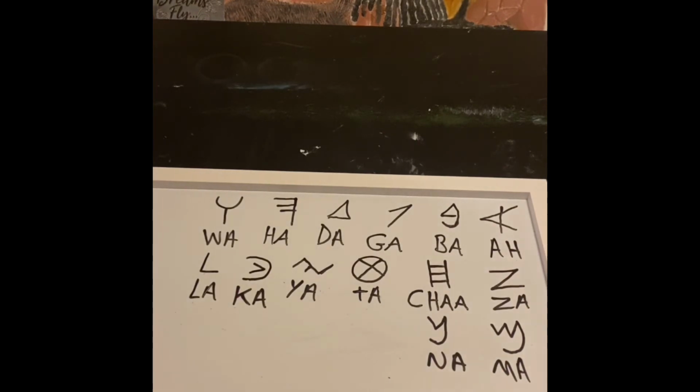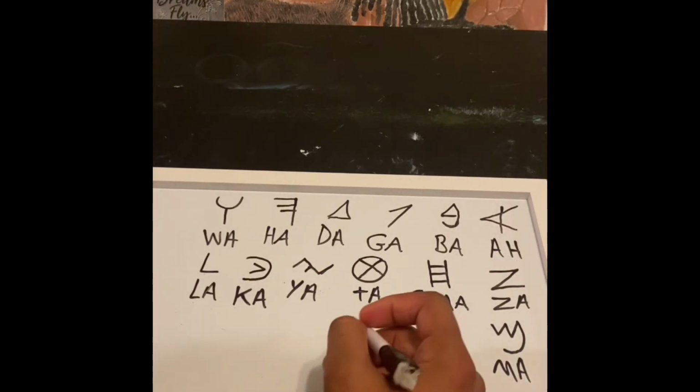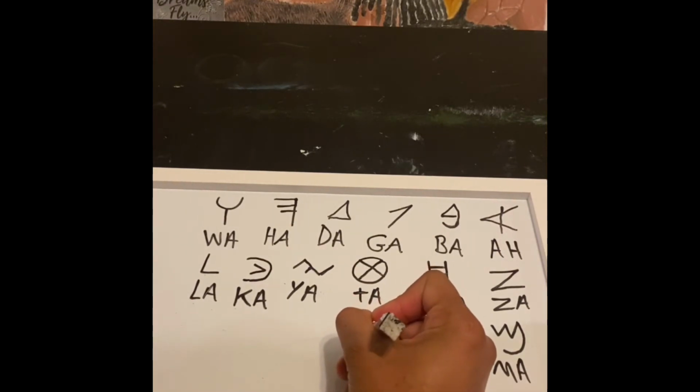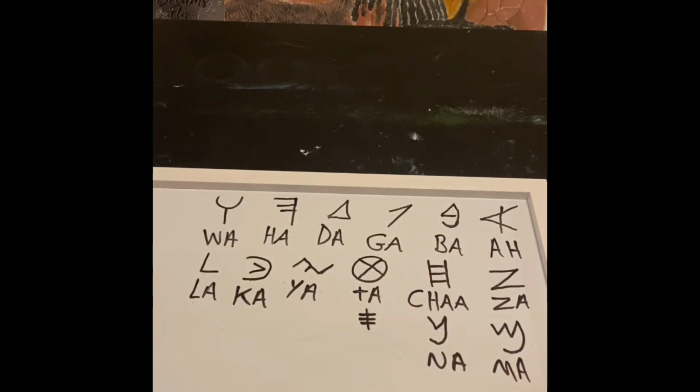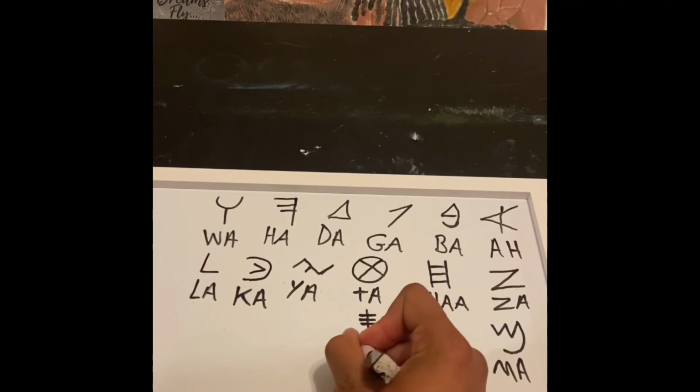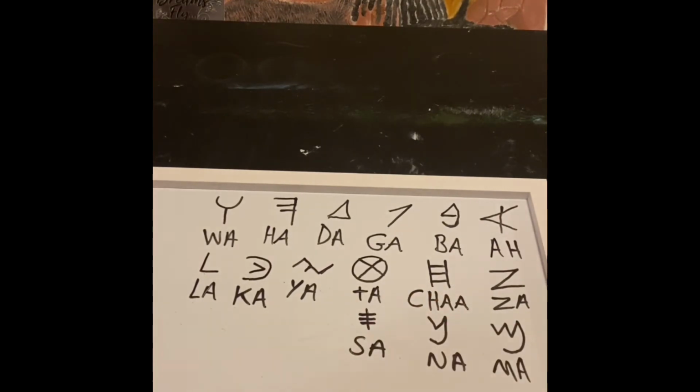And go to the next character, which is the character Sai, like this. I like all of the characters, but certain ones for certain reasons. This is the character Sai, S-A, which means support, hand on staff, or prop, right?